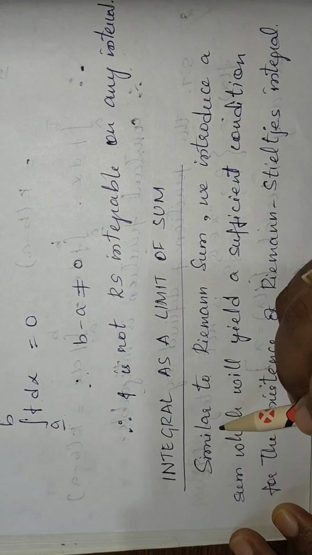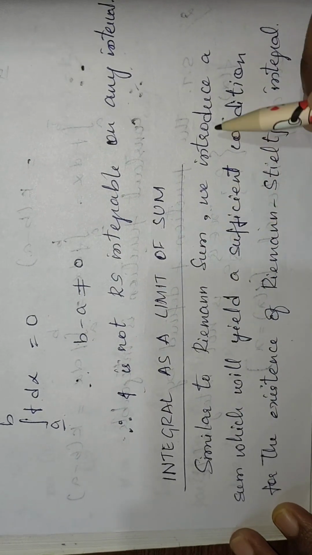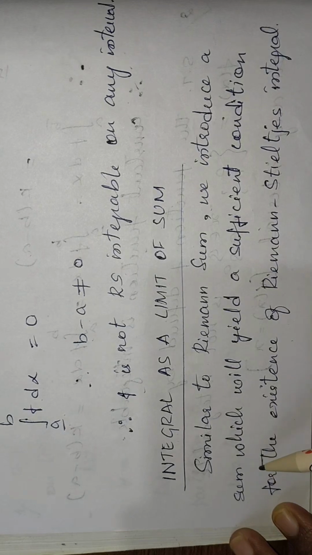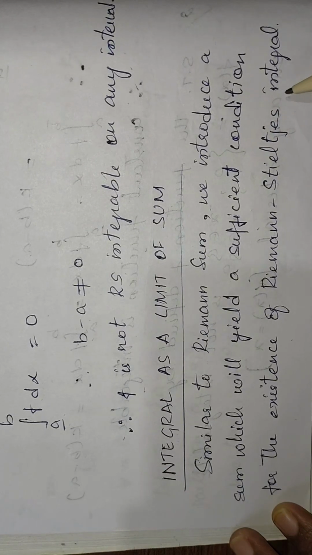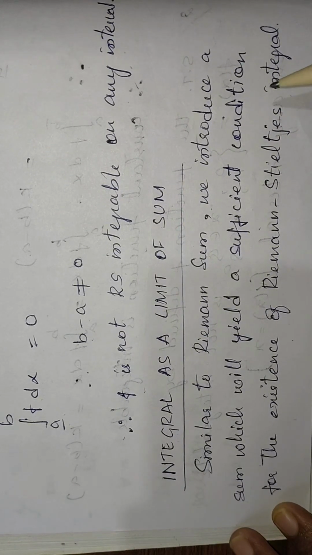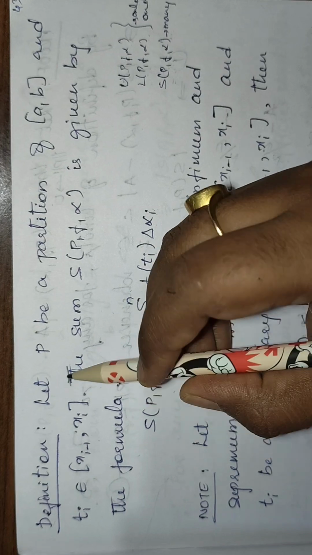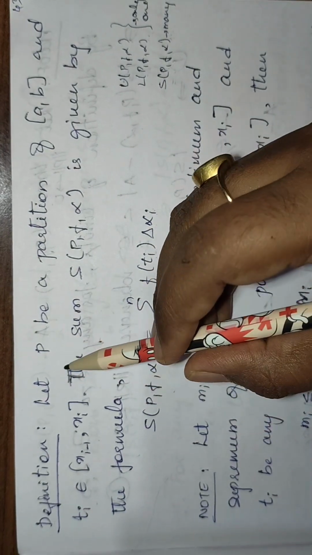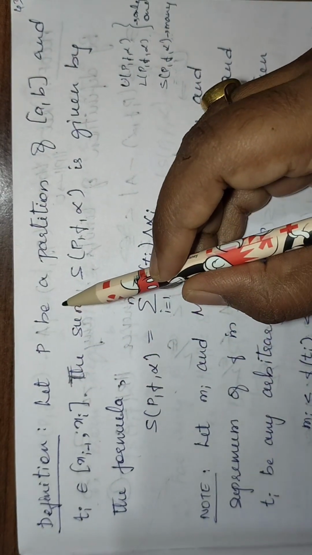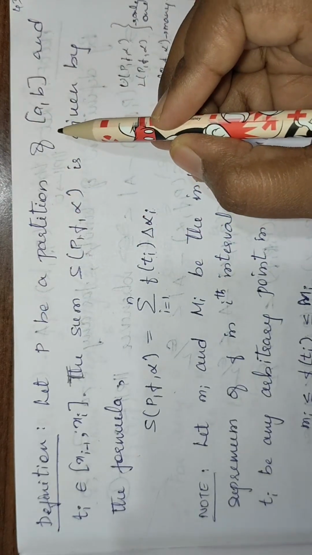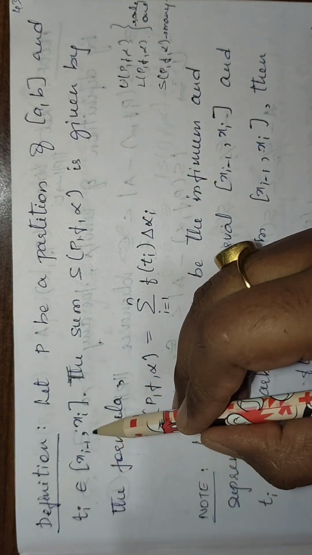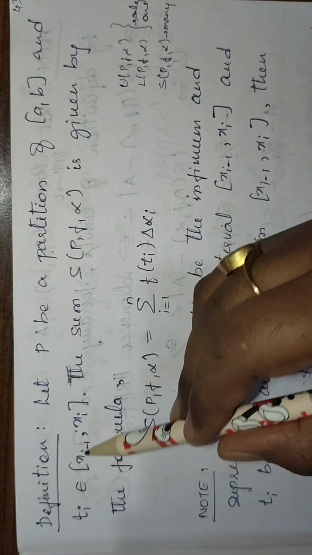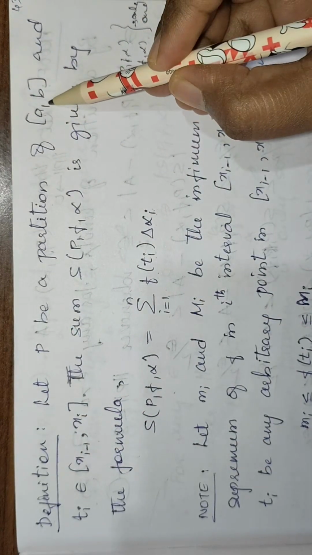Okay, so similar to the Riemann sum, we now introduce a sum which will yield a sufficient condition for the existence of the Riemann-Stieltjes integral. And you also have a theorem based on this. Now coming to the definition part, let P be a partition of the closed interval [a, b] and ti belong to [x_{i-1}, x_i], which is a subinterval of this closed interval.